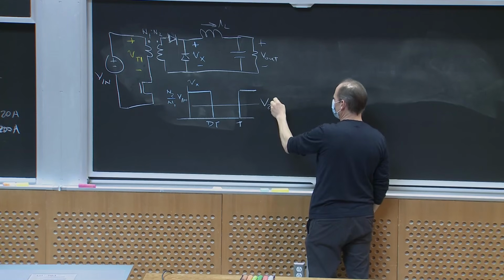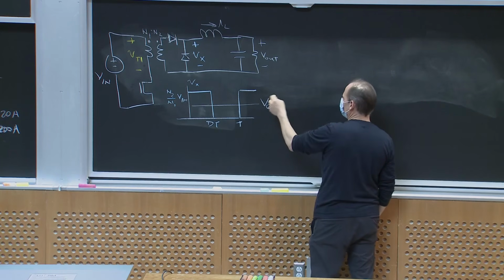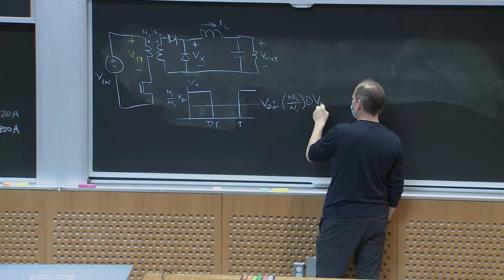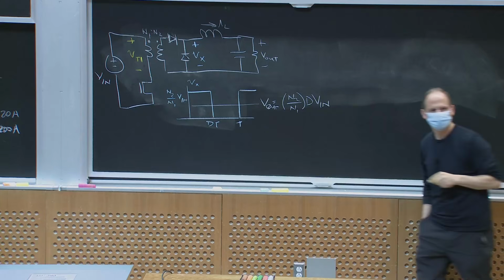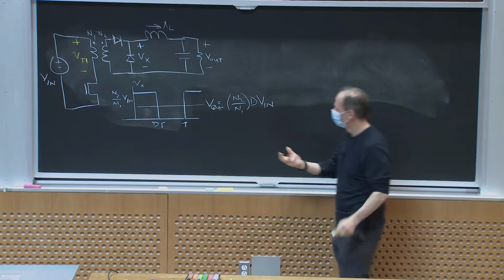So Vout is equal to N2 over N1 D Vn, okay? So it sort of works just like a buck converter.